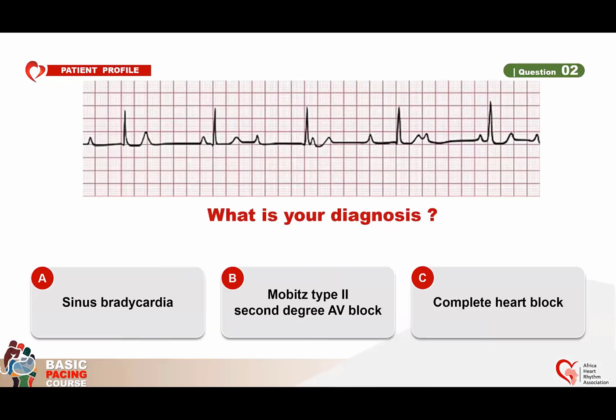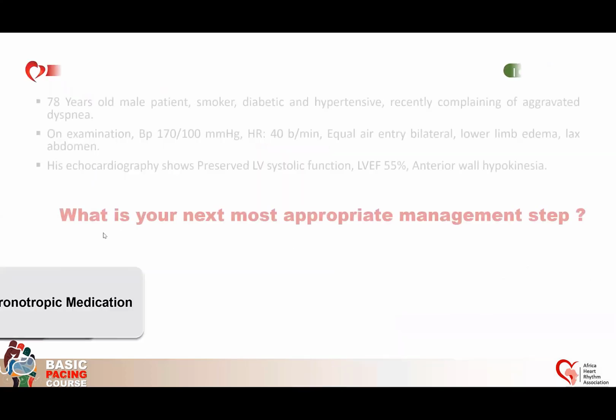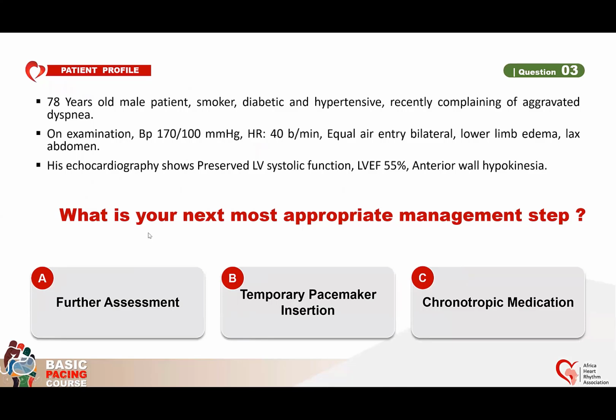Again, this is considered significant pathology, either an advanced high-degree second-degree block with more than 2 consecutive P waves blocked, or a third-degree complete heart block. So the question now is, what is our next most appropriate management step for this old patient with multiple cardiovascular risks and a complete or high-degree AV block?